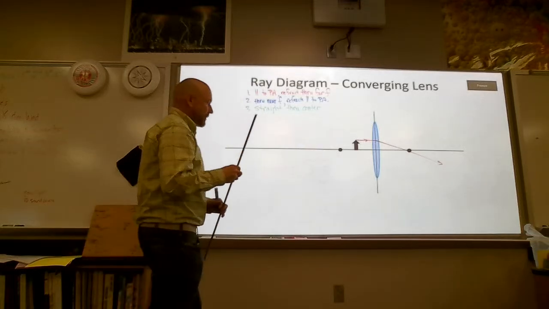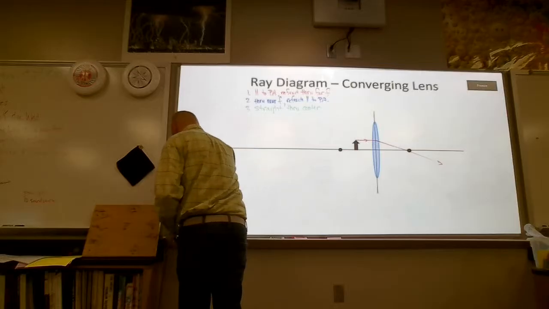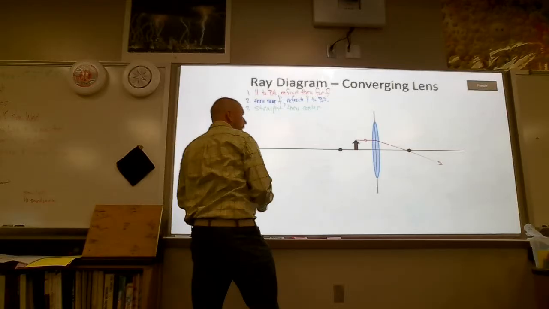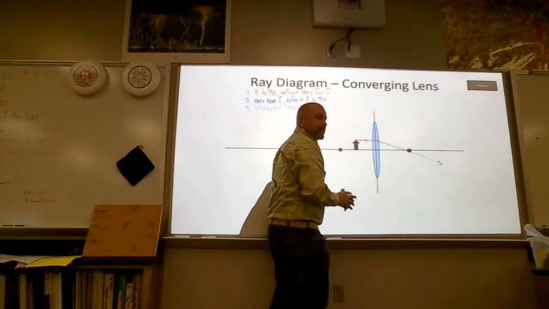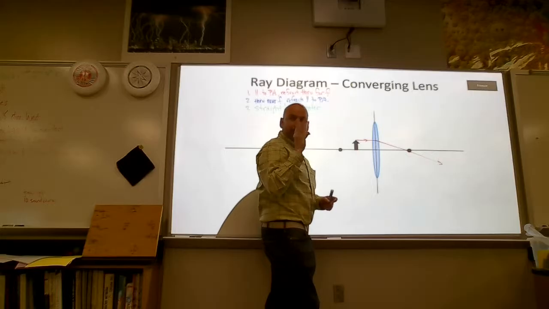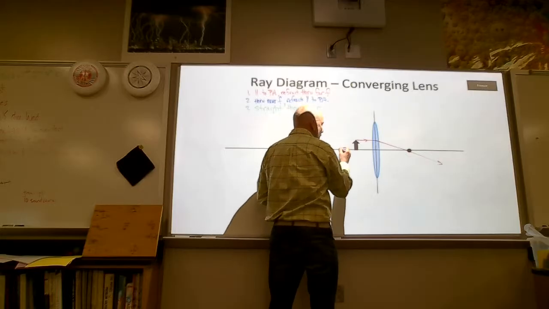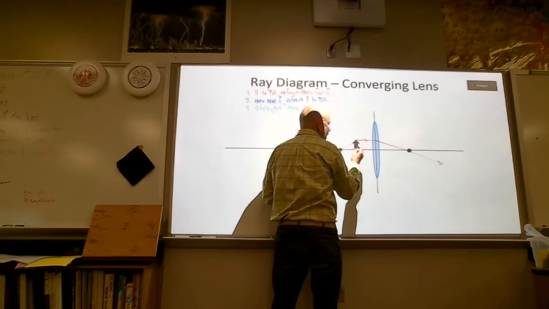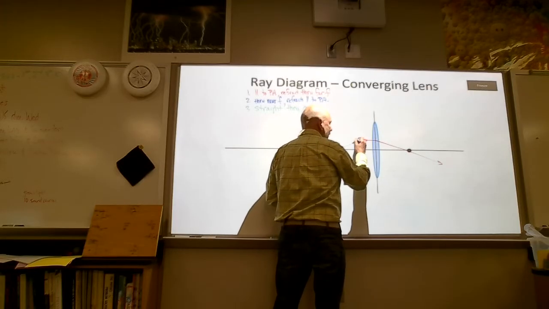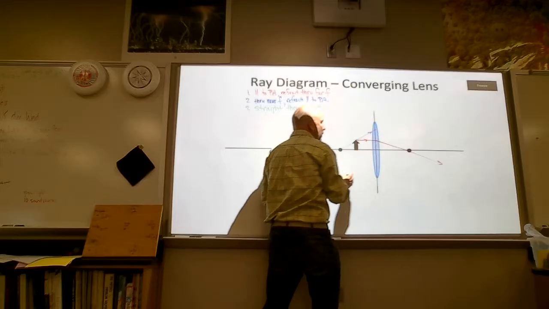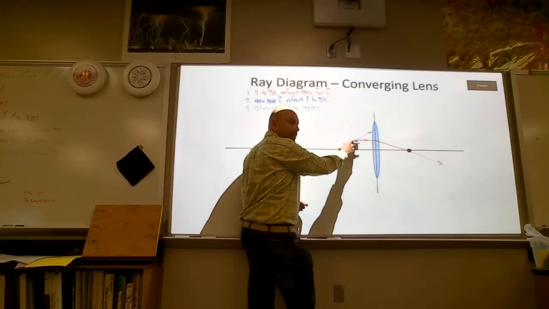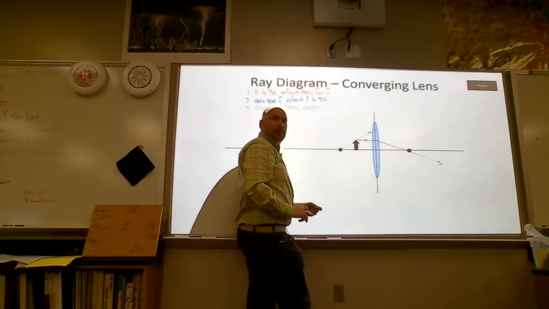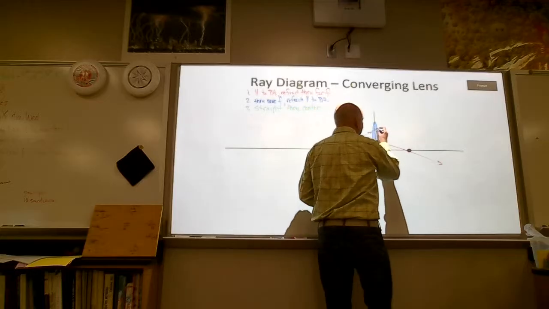All right, so here's the idea. Light's coming off of this in all directions, yes? I just want 3 of them. I want one that has the ray as if it was coming from through the near focal point, and that's going to refract parallel.